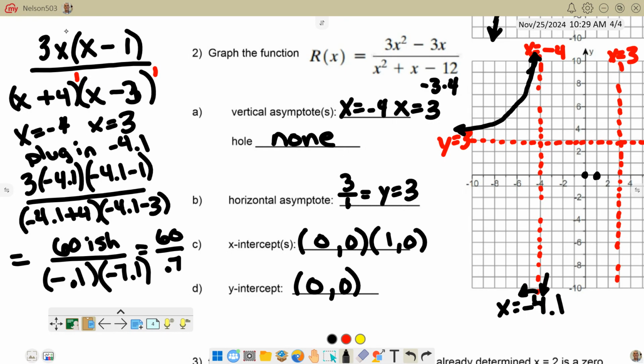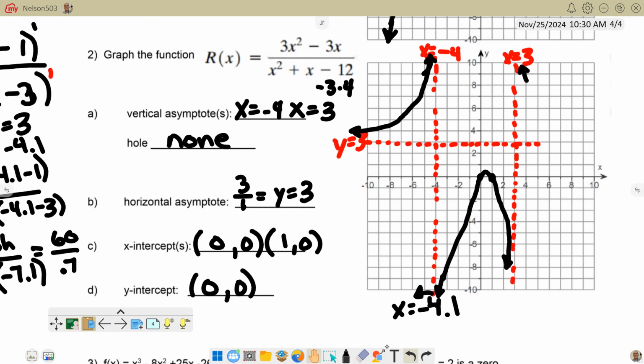How do I know that? Because the powers on the x-intercepts are 1s. So I'm going to make it cross up and through, and then back down. Now if it's going back down through, it's got to go down on this side. And then that means it switches and it goes up on this side. And it's going to come down from that asymptote over there and get closer to the horizontal asymptote.